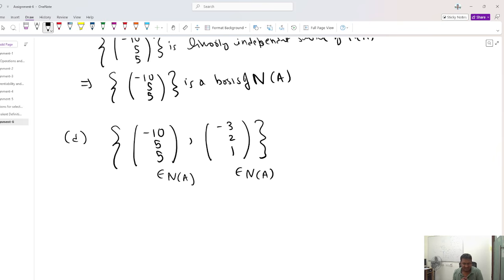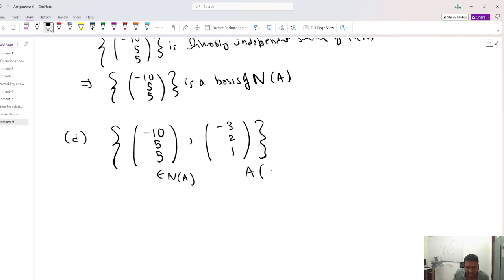So there are two ways. First, you see, okay, I think this way is better. Now, if it is a basis, then what should be the cardinality of this? Oh, by the way, no. My bad, I'm sorry. This does not belong to the null space, right?